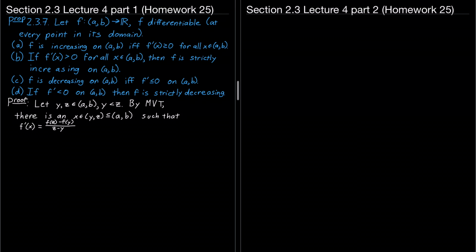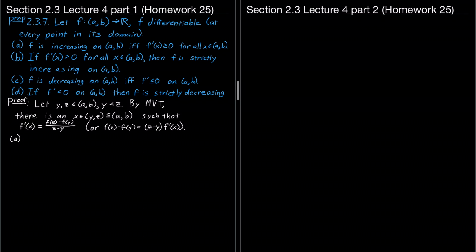So let's note some consequences. We can also write this as f of z minus f of y is z minus y, which is positive, times f prime of x.